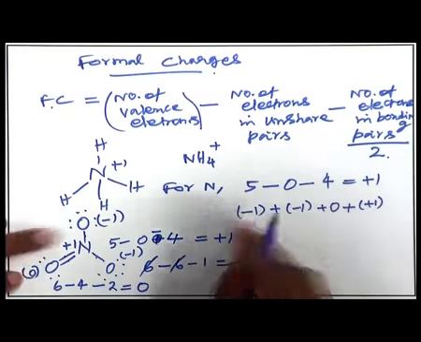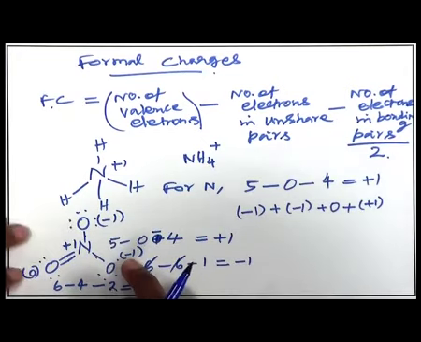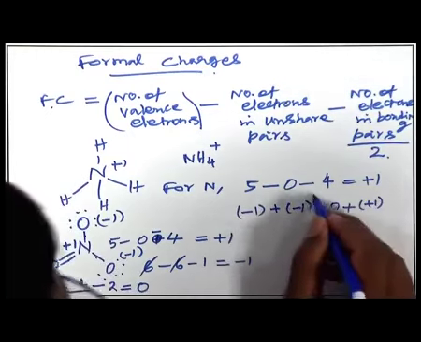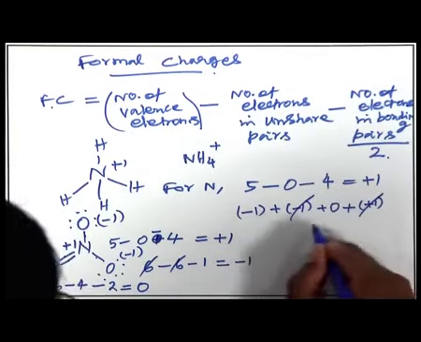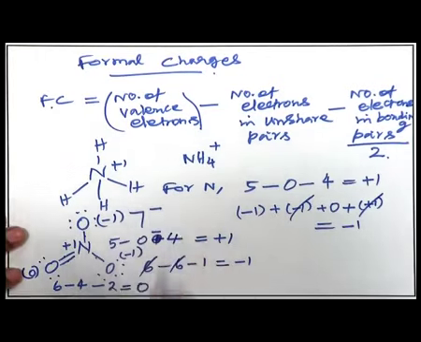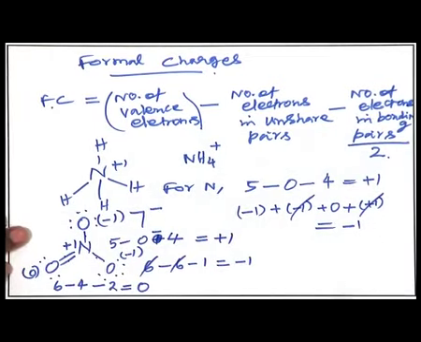So -1, -1, 0, then +1. You end up with -1 only. So that's why we are putting -1. Is it clear? So we saw what formal charge is.